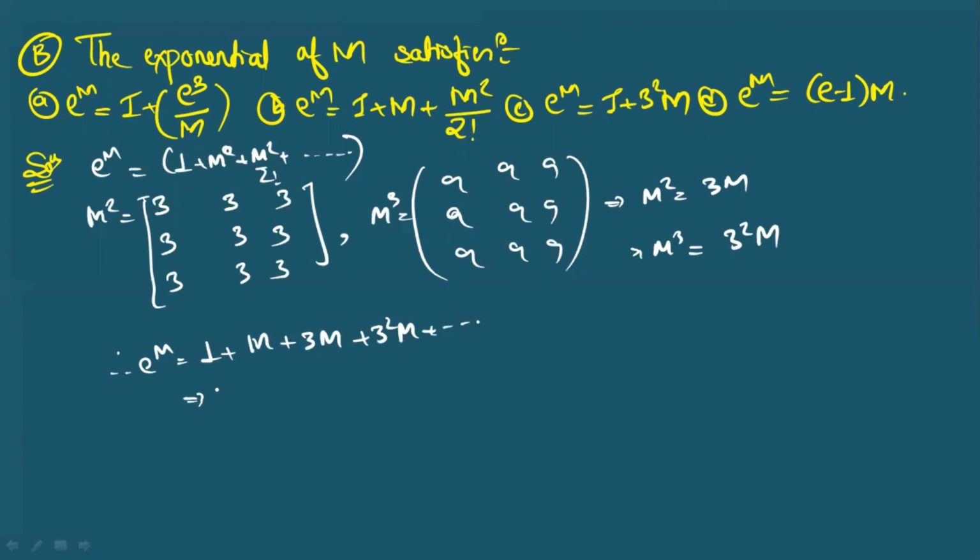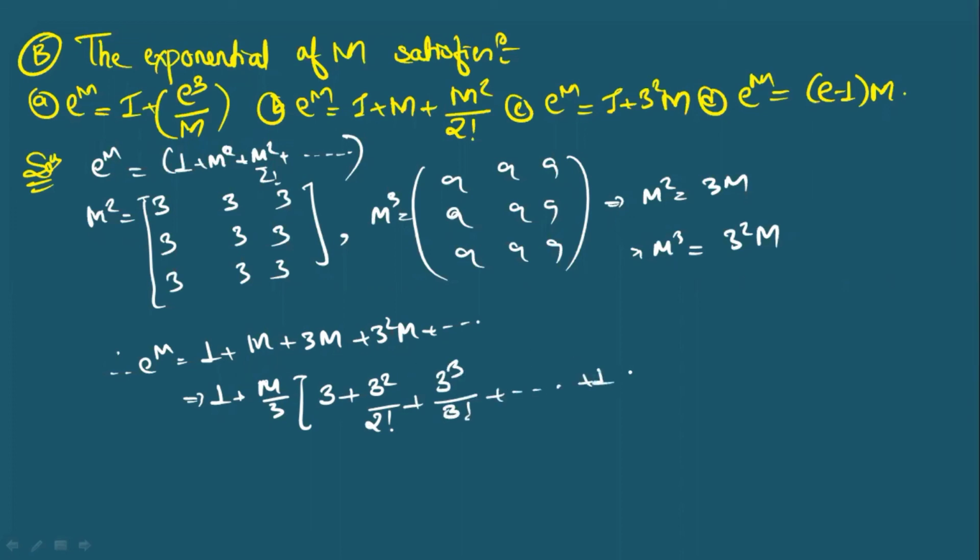If I take M by 3 common, 1 is as it is. From here, first you get 3, second 3 square by factorial 2, plus 3 cube by factorial 3, and so on.